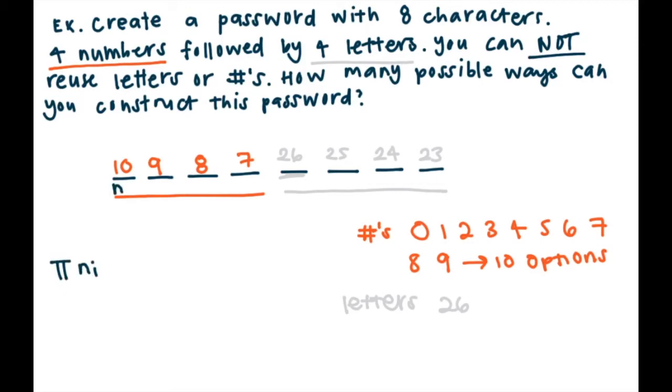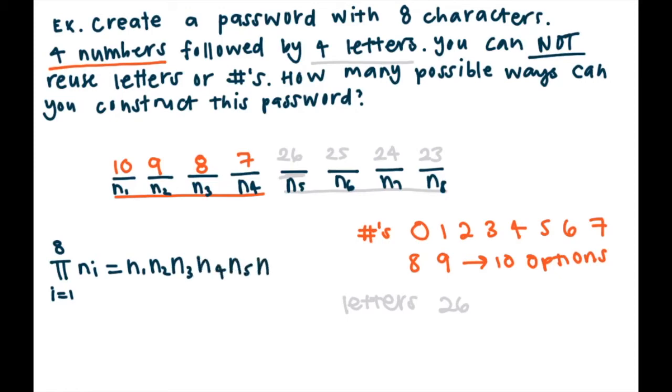So this is n1, n2, n3, n4, n5, n6, n7, n8. So it's going to be the product of ni's from i equals 1 all the way to 8, which equals n1 times n2 times n3 times n4 times n5 times n6 times n7 times n8.